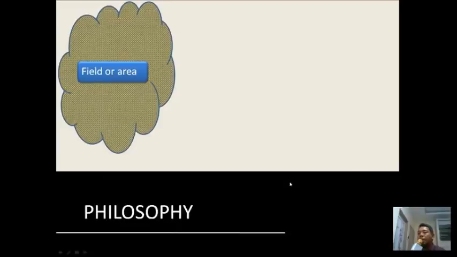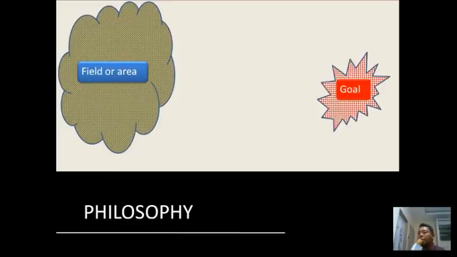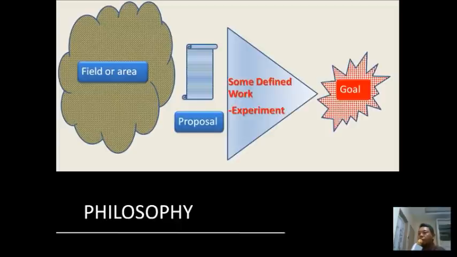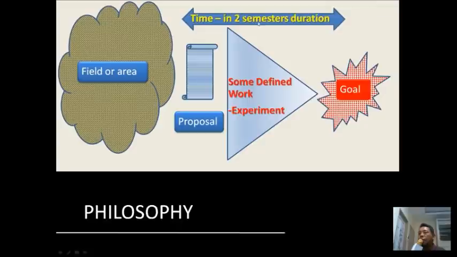Field and area over here, and then you have the goal here, and then your proposal. You have to write a proposal, and then define some work and experiments to meet the goal. Okay, but the time here is two semesters. Okay, this is the whole planning that you have to consider.